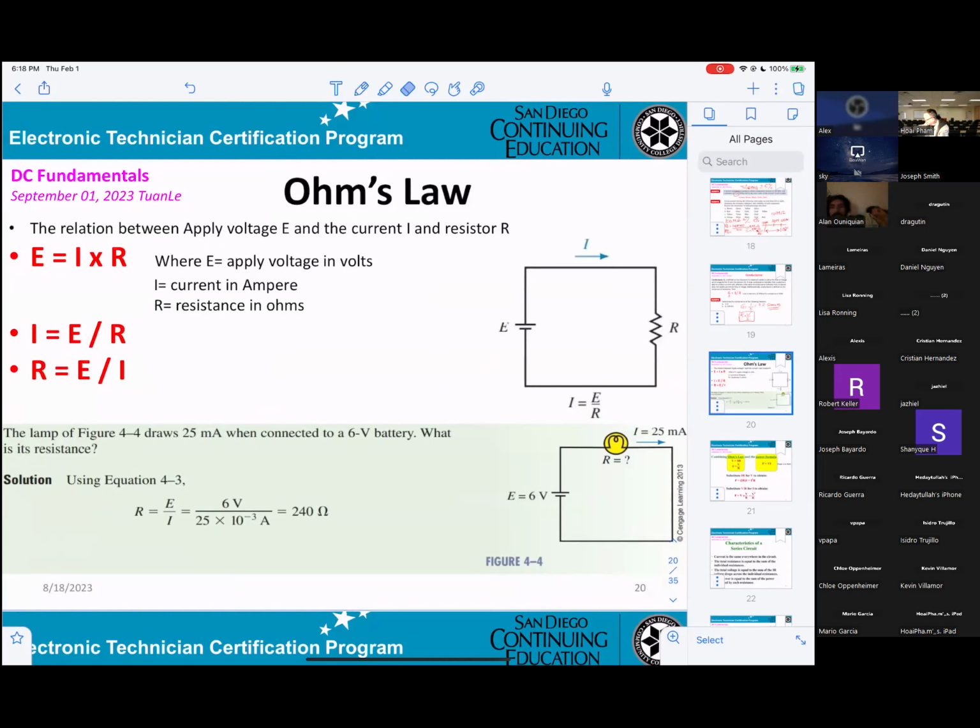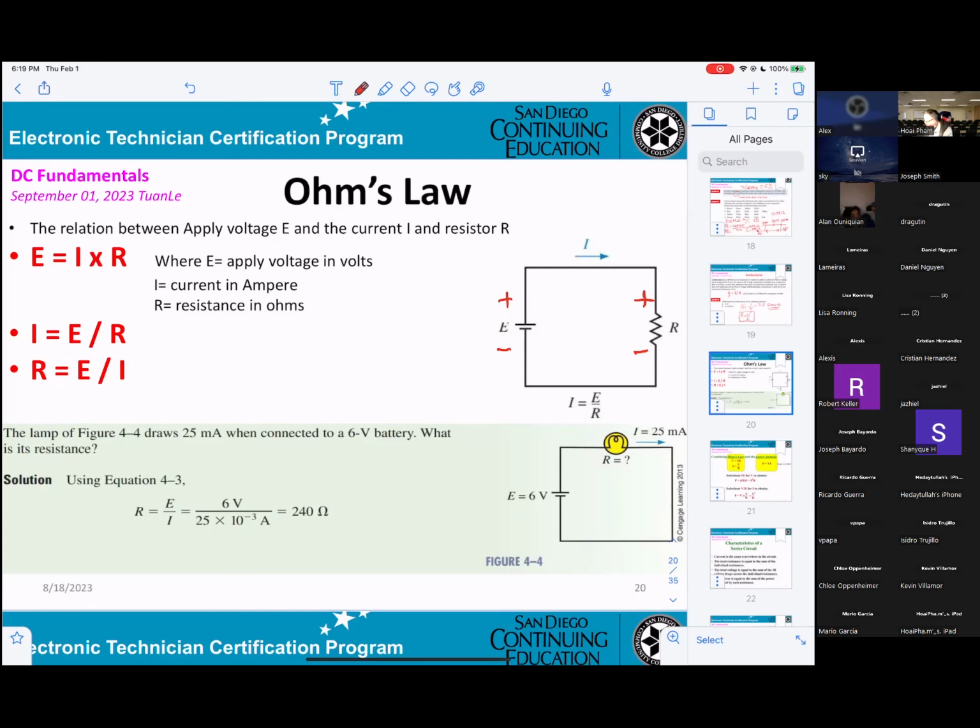Now you get the circuitry. You get the power source E volt, you get the resistor, and the current will be flowing here. The current flowing into R will be positive, and leaving R will be negative. This is the current flowing from the positive of the power to the negative of the power.